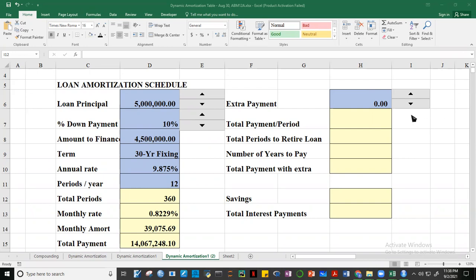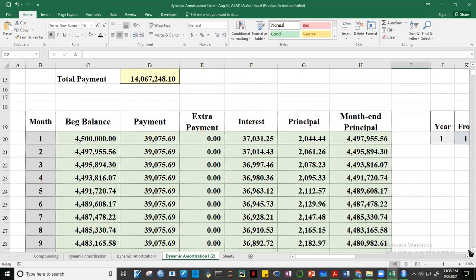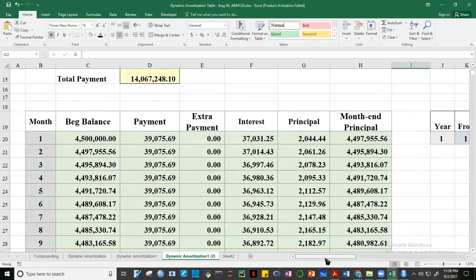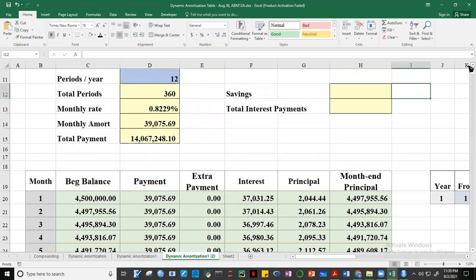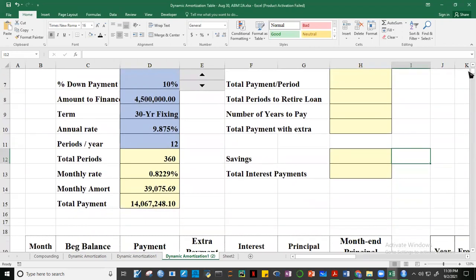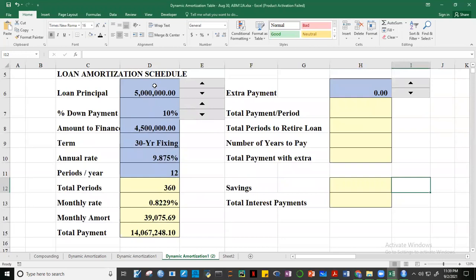So what I'm going to do now is to review those parts of the dynamic amortization calculator which were not so clear or which we weren't able to fully discuss when we were learning about this dynamic amortization table. So let me just quickly review this portion of the table. We already learned the other part, this one.